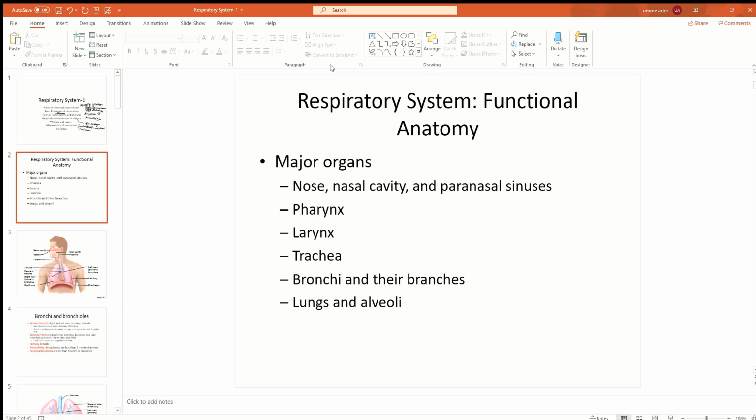If you start from the top, as I said, nose. Inside the nose you have the nasal cavity, and around the nose you have paranasal sinuses. Sinuses are the cavities inside the bones. So inside the facial bones you have some cavities.